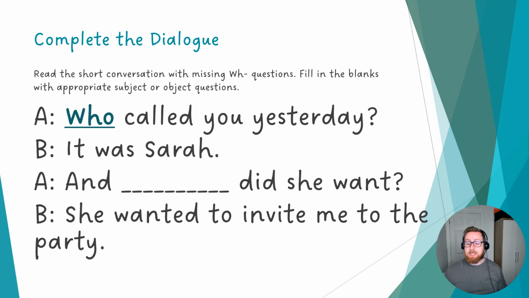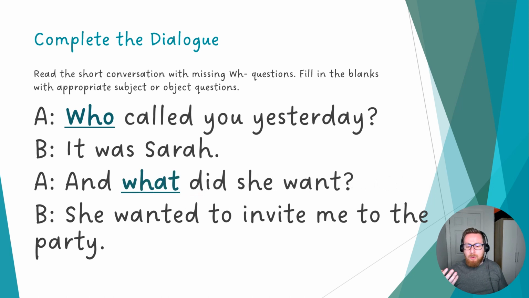Who called you yesterday? It was Sarah. And what WH should we put here? Who, what, where, why, when? And what did she want? She wanted to invite me to the party.